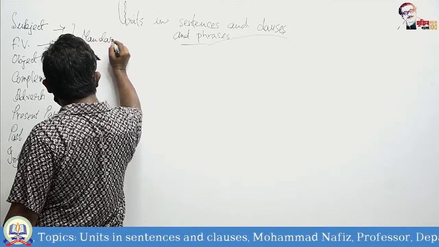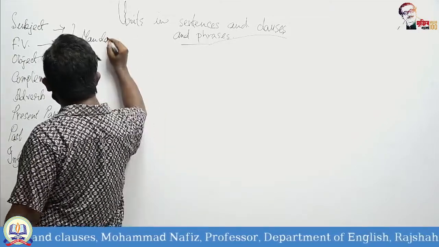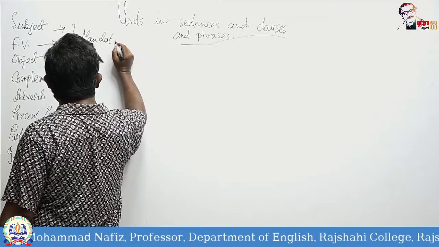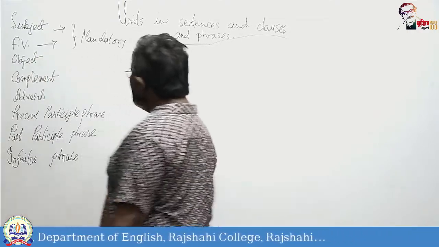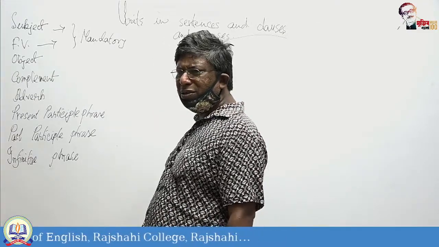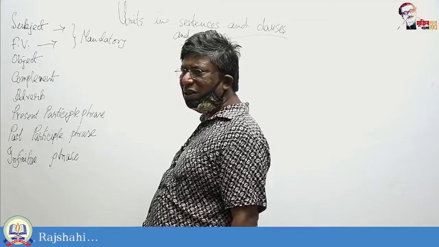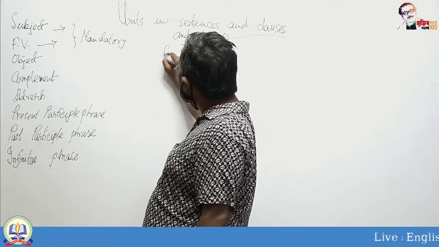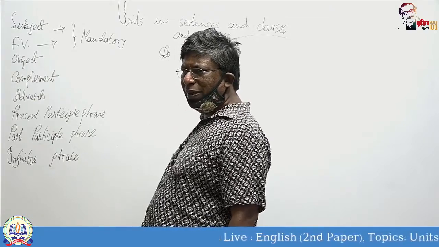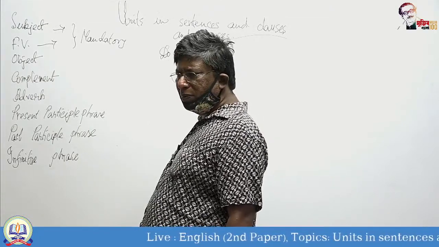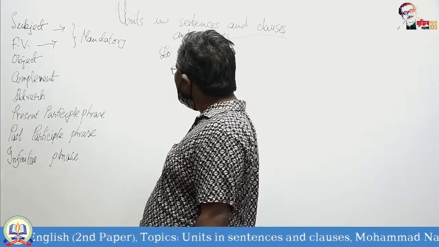That is, in a sentence there must be at least a subject and a finite verb. Only imperative sentences do not have the explicit subject, rather the subject in an imperative sentence is implicit. But an imperative sentence cannot be expressed without a finite verb.